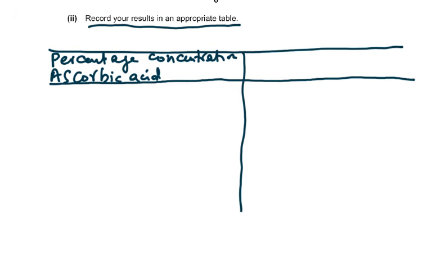So you draw a line here. And then the heading for the dependent variable was what? Volume of iodine. So the volume of iodine would come here and the unit for it would be cm cube because it is volume.